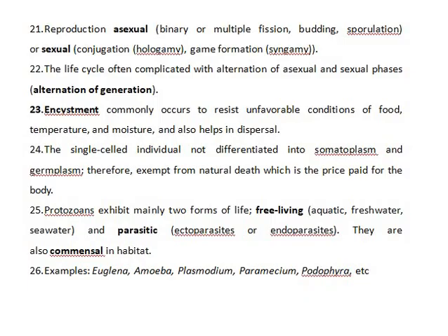Encystment commonly occurs to resist unfavorable conditions of food, temperature and moisture, and also helps in dispersal. The single-celled individual is not differentiated into somatoplasm and germplasm, therefore it is exempt from natural death, which is the price paid for the body.